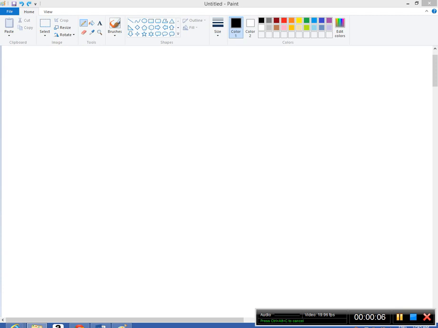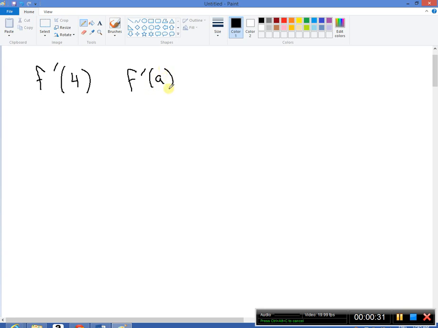New setup once again. This time we are talking about the derivative. We're continuing to talk about the derivative, but today as a function. We already know that we talk about the derivative as f prime at some number, but we've also talked about it where the number gets replaced by some arbitrary letter like a, where we don't really want to say for sure what we're going to be plugging in to calculate the instantaneous rate of change.